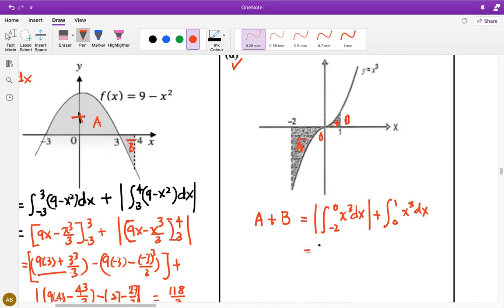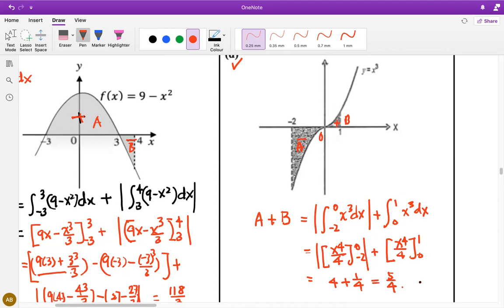Okay, so this part you get modulus of x to the power 4 over 4, from negative 2 to 0, plus modulus of x to the power 4 over 4 from 0 to 1. So you get 4 plus 1 over 4, so the answer is 5 over 4. 2 to the power 4 is 16.